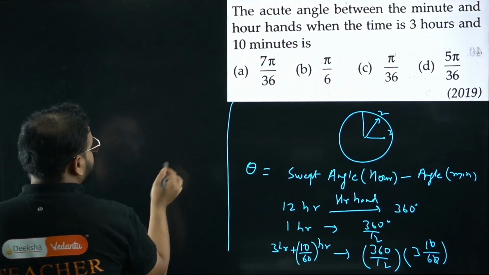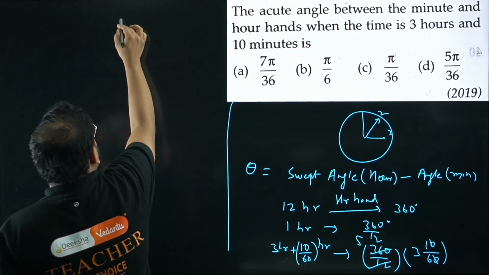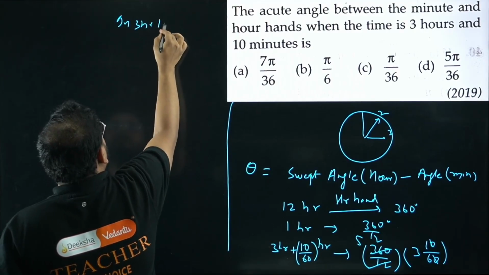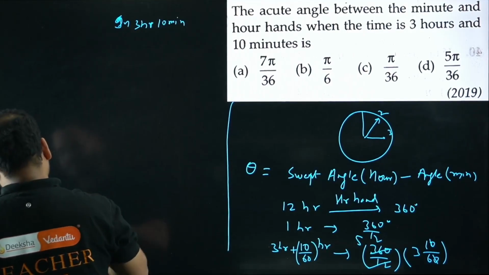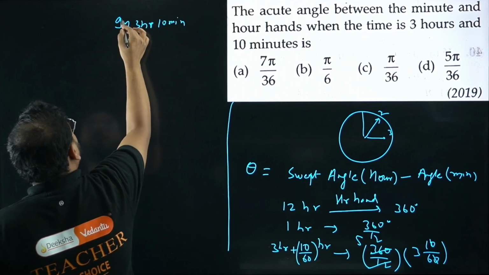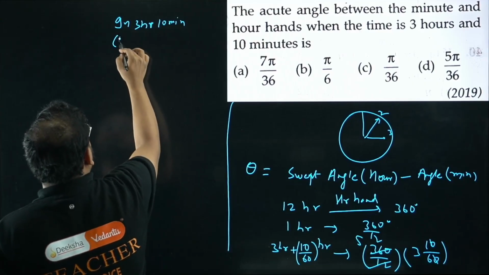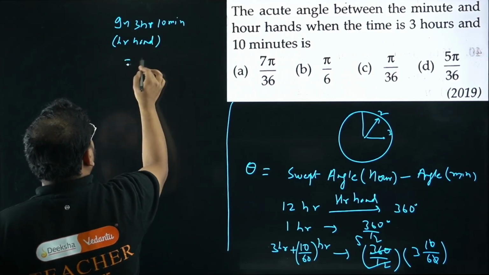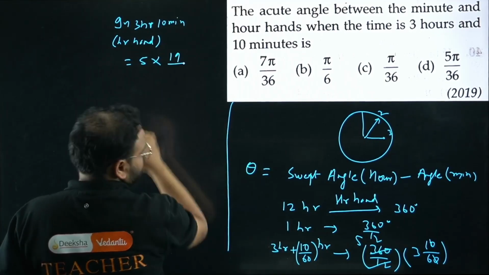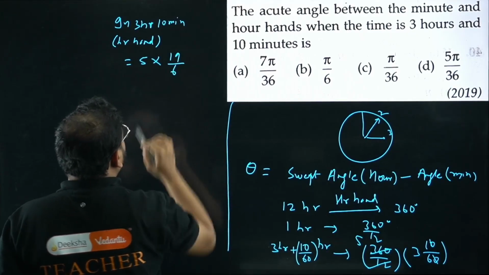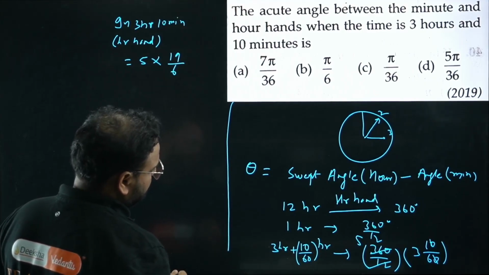So in 3 hours 10 minutes, for the hour hand, of course, it will cover 30 into the fraction. 6 into 3 is 18 plus 1, 19 by 6. So we get 19 by 6.